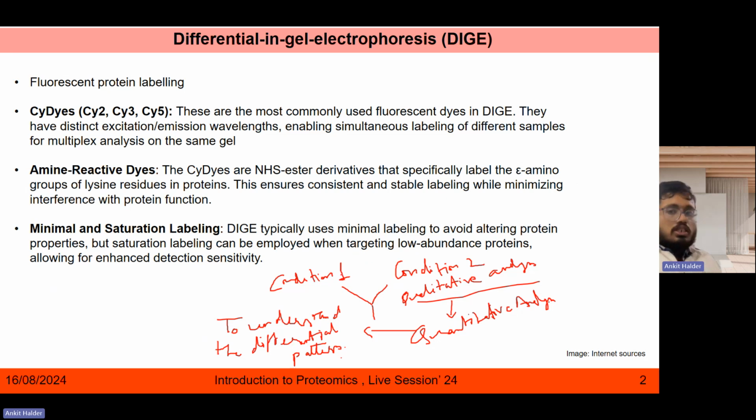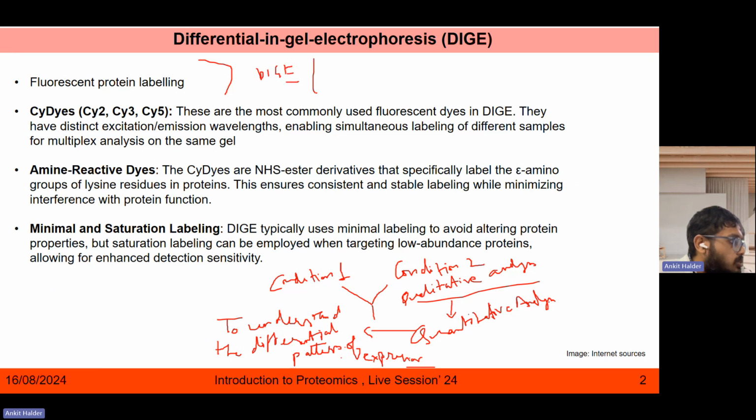We need to capture this from our particular experiment, whatever we do. So here, DIGE is very much suitable to help achieve this, to compare the difference in protein expression.